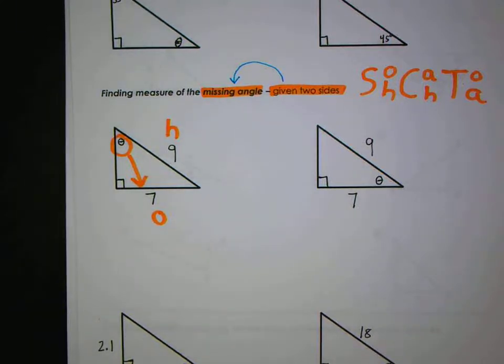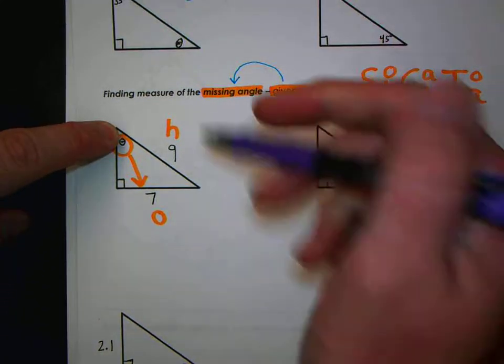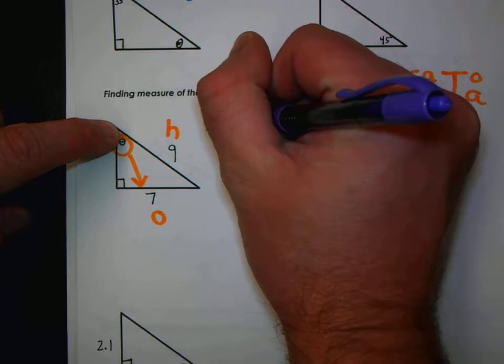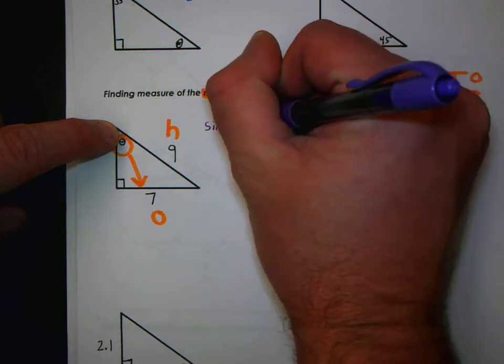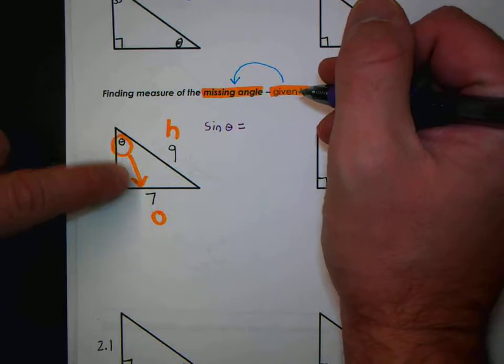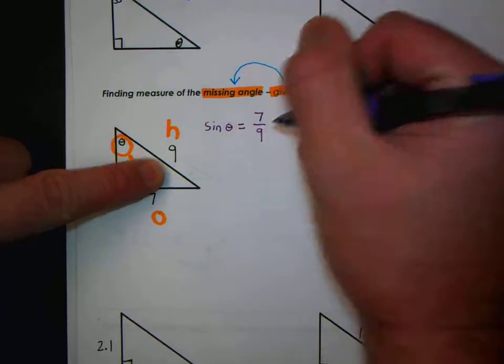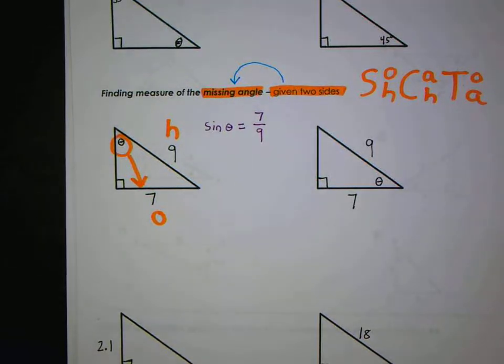So which formula uses OH? Sine. So if we take sine of this angle, that's equal to 7 over 9, O over H.